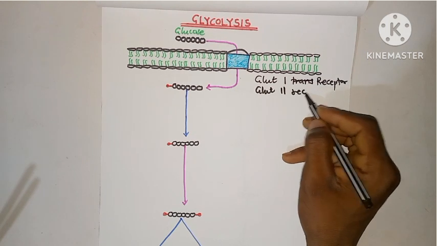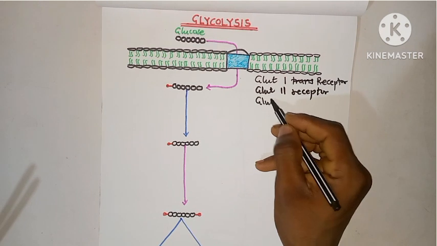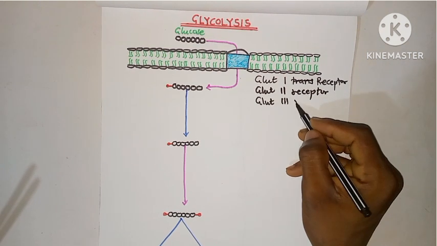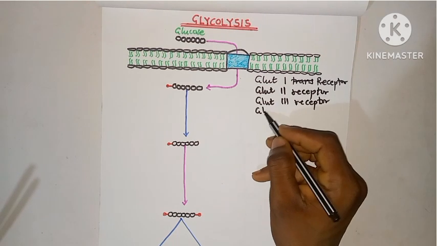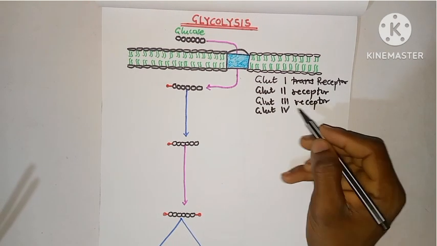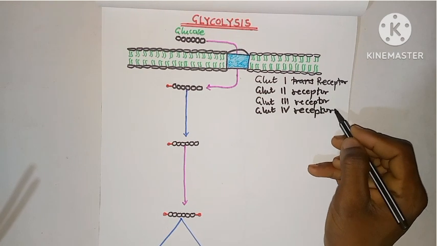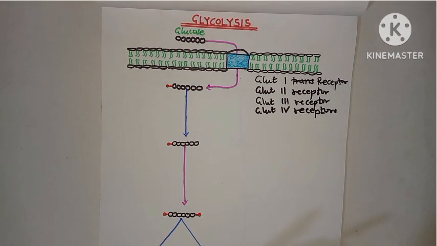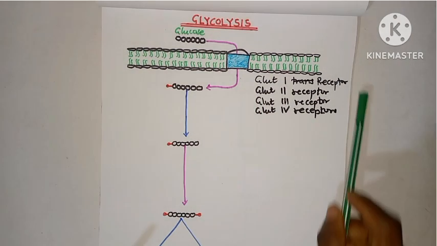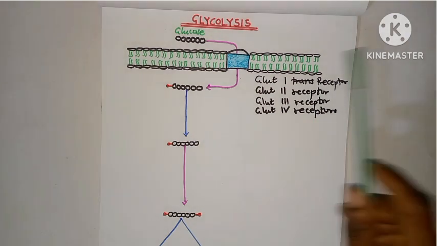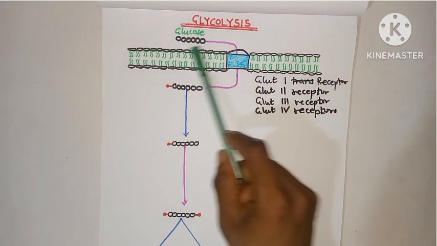GLUT2 receptor, GLUT3 receptor, GLUT4 receptor. So these are the types of receptors or transporters that can transport glucose from outside the cell into the cell.